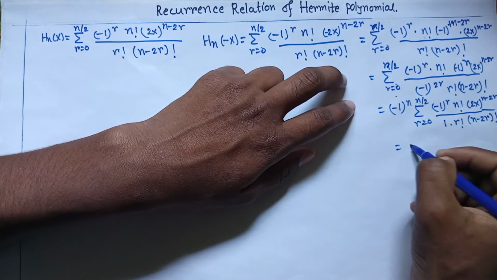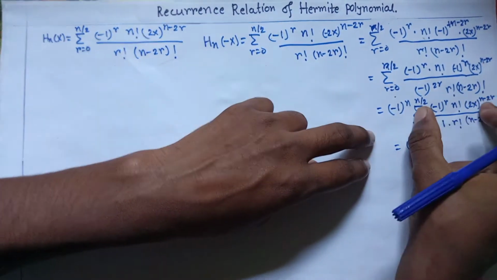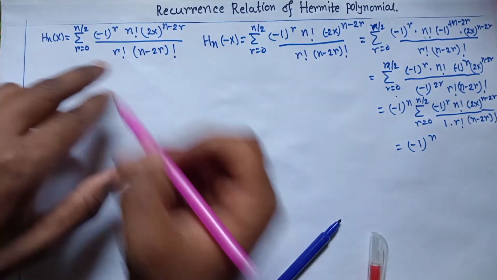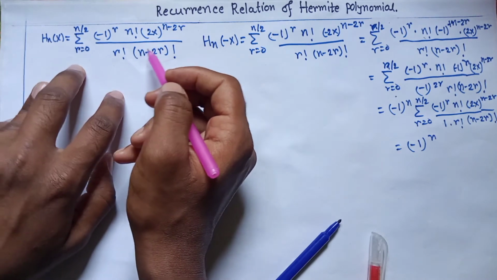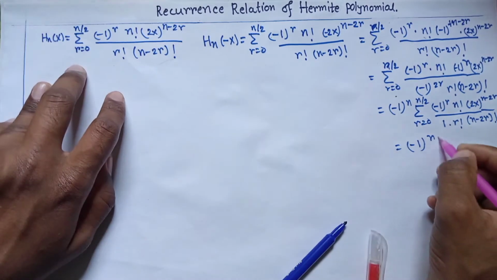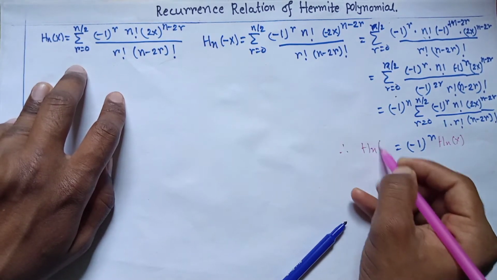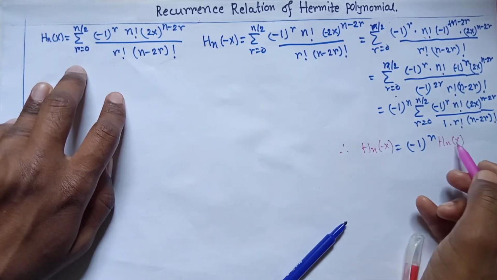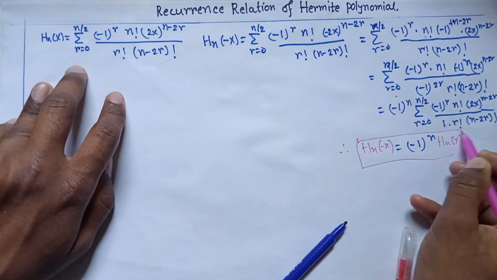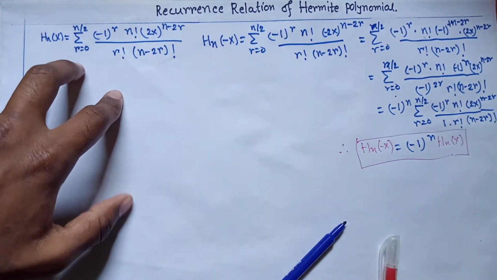That is equal to minus 1 power n into, this is nothing but Hn of x. So we get Hn of minus x is equal to minus 1 power n Hn of x. This is my first relation.